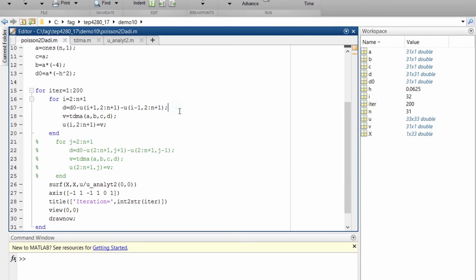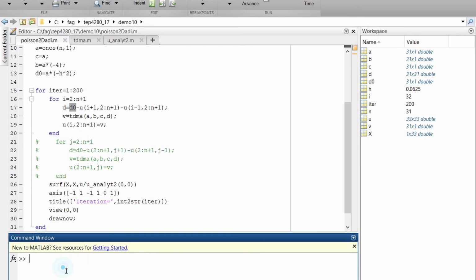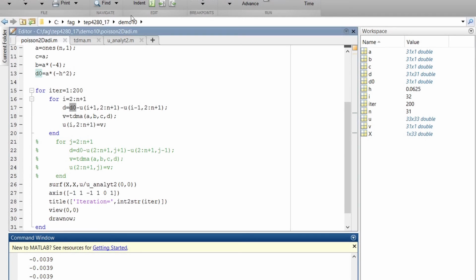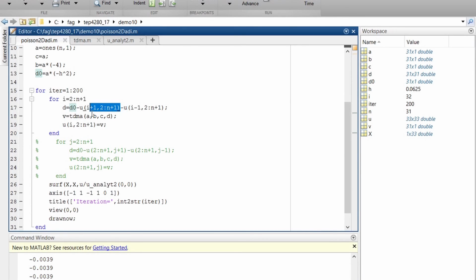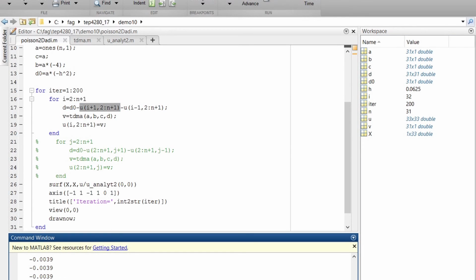And the reason is MATLAB's way of looking at a vector. This D0 vector, or the D vector you might say, goes vertically, but this one goes horizontally. And they don't really talk to each other. So here you can see the hint out here.